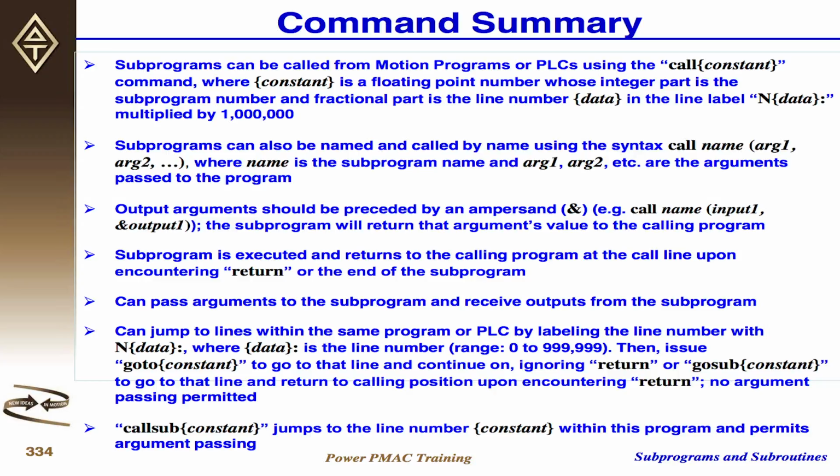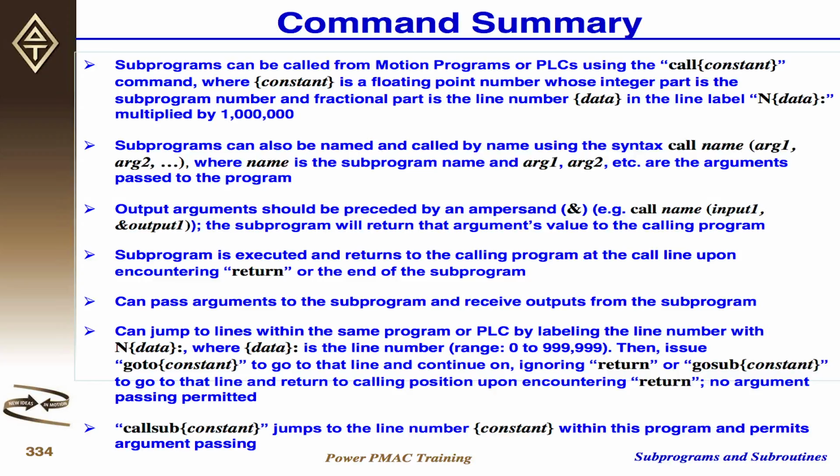You can also receive output from the subprogram to the calling program. Output arguments should be preceded by an ampersand sign. For example, call name of the subprogram, then you have the input 1, and then you have ampersand output 1. The subprogram will return that argument value to the calling program.